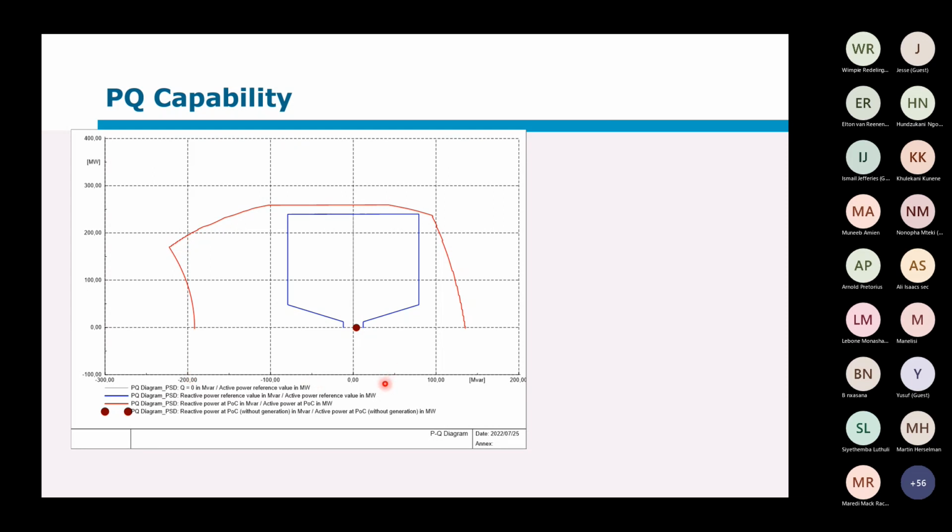Now, each individual inverter, and also most wind generators, would at least be able to do this blue curve. But the moment you add them all together, along with the collector network, this changes, and this is why the red curve is around it.